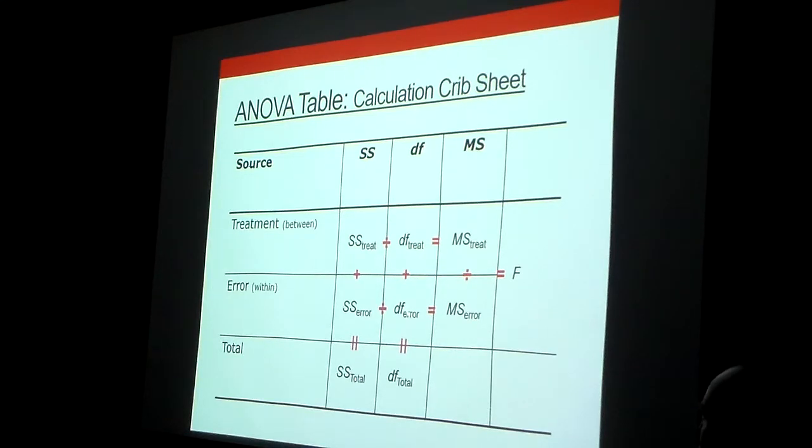Degrees of freedom treatment plus degrees of freedom error is always going to equal your total degrees of freedom. Sum of squares divided by your degrees of freedom is always going to equal your mean squares. This divided by this is always going to give you your F. So you can work backwards and forwards from anything that goes on in this table. Questions about this?